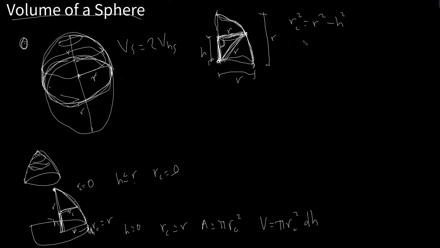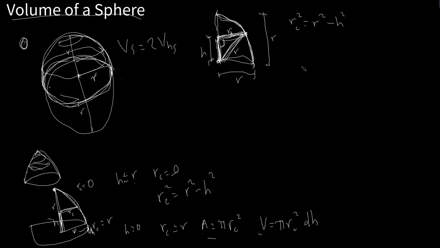And so just doing the reverse, if you want to compute r sub c squared, it's hypotenuse squared minus the height squared, right? So at any given arbitrary height h, r sub c squared is equal to r squared minus h squared. So then, we can plug this into our area and correspondingly the volume.